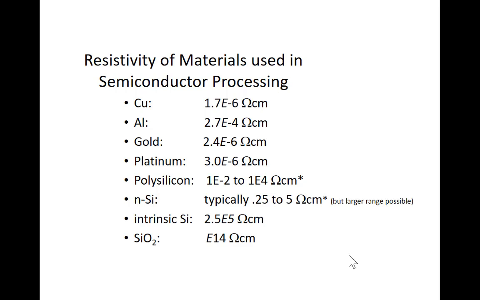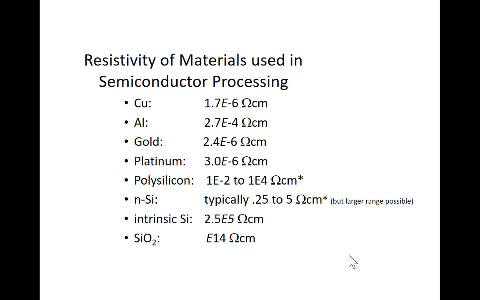Let me close with this slide. Here's the resistivity of some of the different materials we use for processing silicon. You can use any one you want. How much variation do you have in resistivity for these different materials? From silicon dioxide at one end to copper at the other end. How much difference in resistivity or sheet resistance?